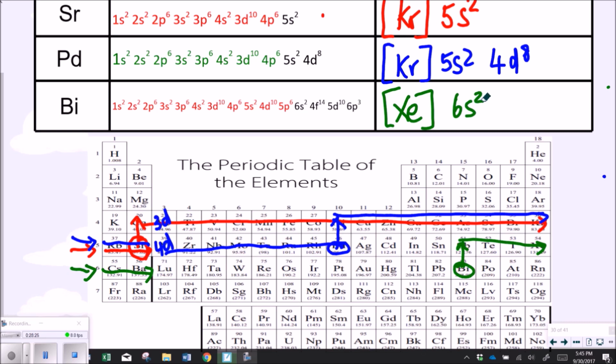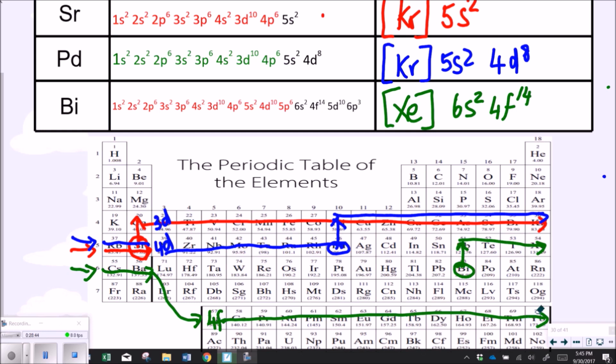Now you have to remember that after barium, we don't go straight to element number 71. We have to go to element number 57. And this is 4f. So 4f all the way through 4f14.